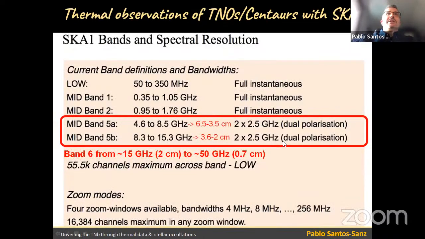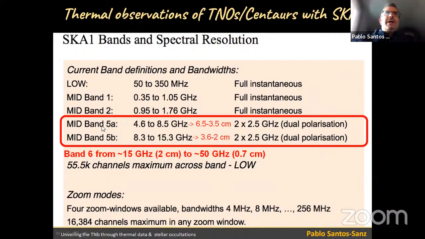And yes, trying to ask this question, first, if we take a look at the bands, probably the only bands at which we can detect this thermal emission are the bands at the highest frequencies, which means the smallest wavelengths.